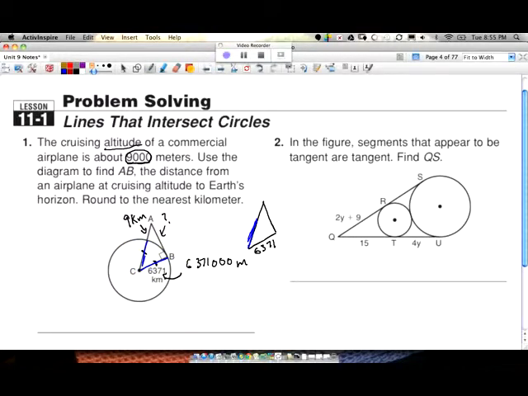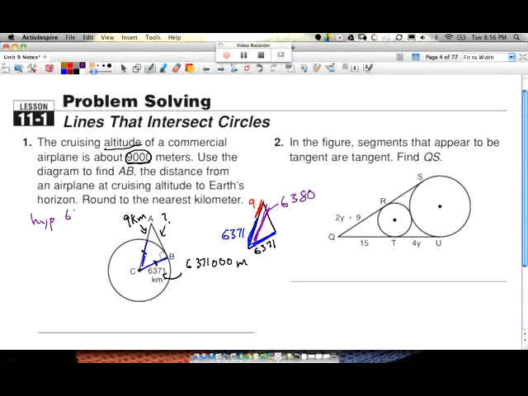So this blue part is 6,371, just like this blue part. But then that red on the end is another 9. So we got the 6,371 plus 9. Altogether that makes 6,380. So the whole piece, when you combine both of them, is 6,380.